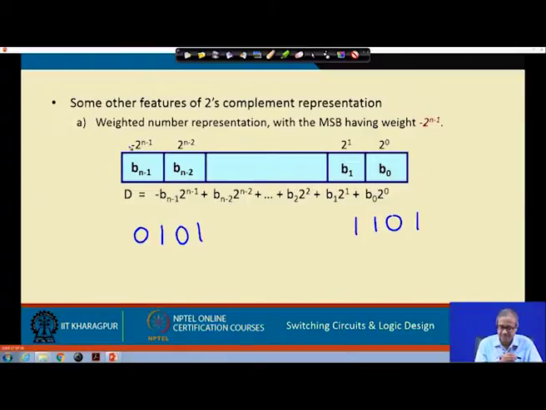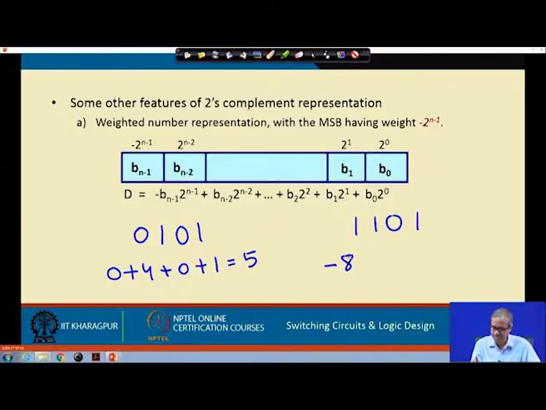negative. So, when I talk about 0101, 0 multiplied by anything is 0. So, the value will be 0 plus 4 plus again 0 plus 1, which is 5, with weights 2 to the power 0, 2 to the power 1, 2 to the power 2, 2 to the power 3. But here, because the most significant bit is 1, it will be minus 8 plus 4, 0 is 0, plus 1.